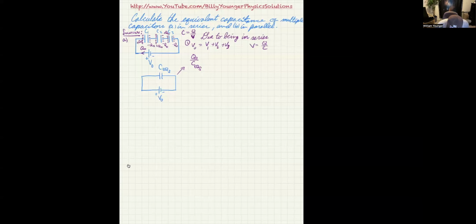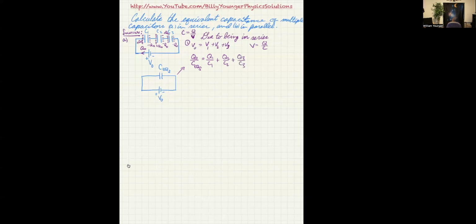The right-hand side of equation 1, however, is going to have Q1, the charge on the capacitance C1, divided by C1, plus V2 would be Q2 over C2, and V3 would be Q3 over C3.